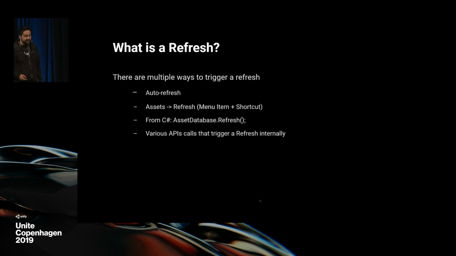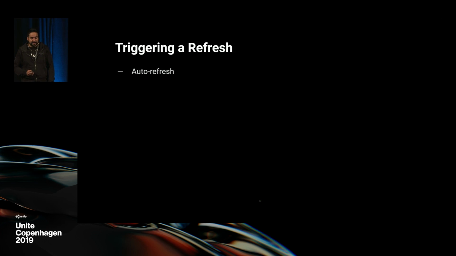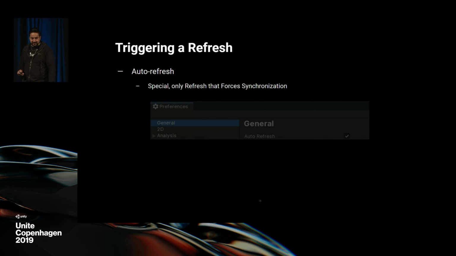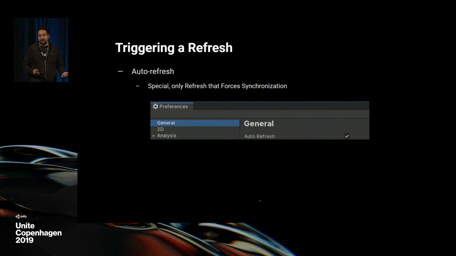So what is a refresh? There are four ways that we can trigger a refresh in Unity, more or less: auto refresh, through the menu item or a shortcut, Control-R, from scripts, and finally, some APIs. Let's talk about these a little bit. Auto refresh is actually the only special refresh that we have, because it's triggered by the operating system.